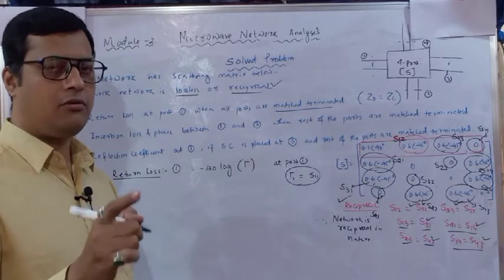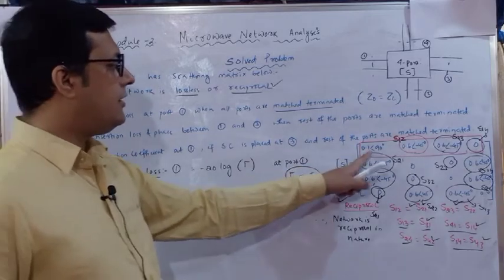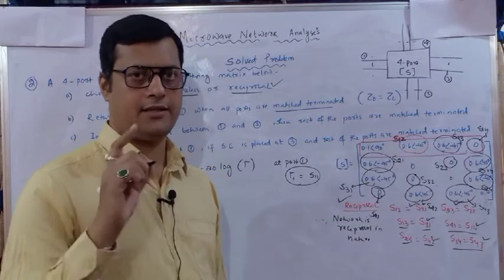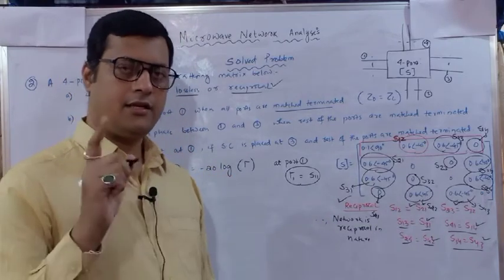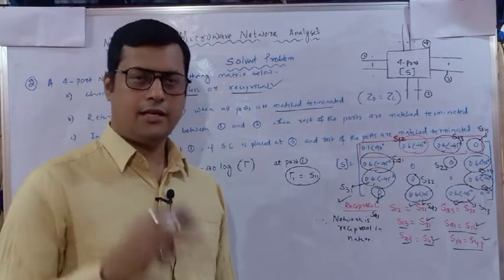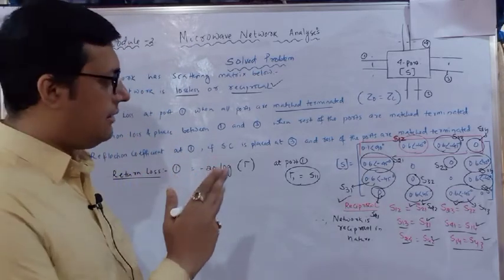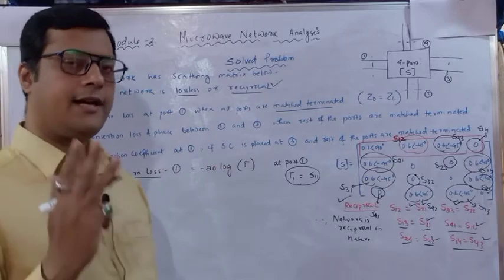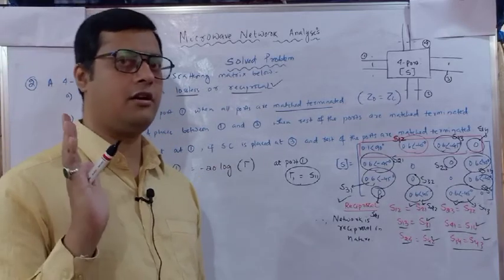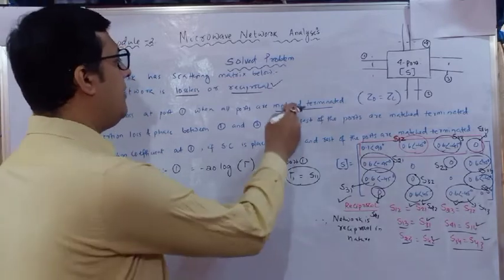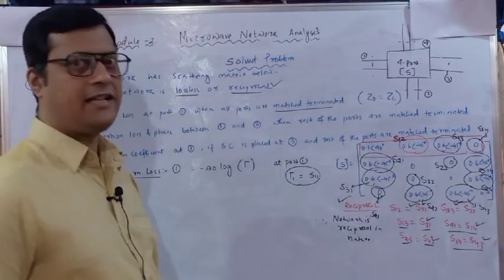In the scattering matrix you can see the diagonal elements are all reflection coefficients. S11 is the reflection coefficient for port 1, S22 for port 2, S33 for port 3, and S44 for port 4. Now why is it 0? Because it is perfectly match terminated.